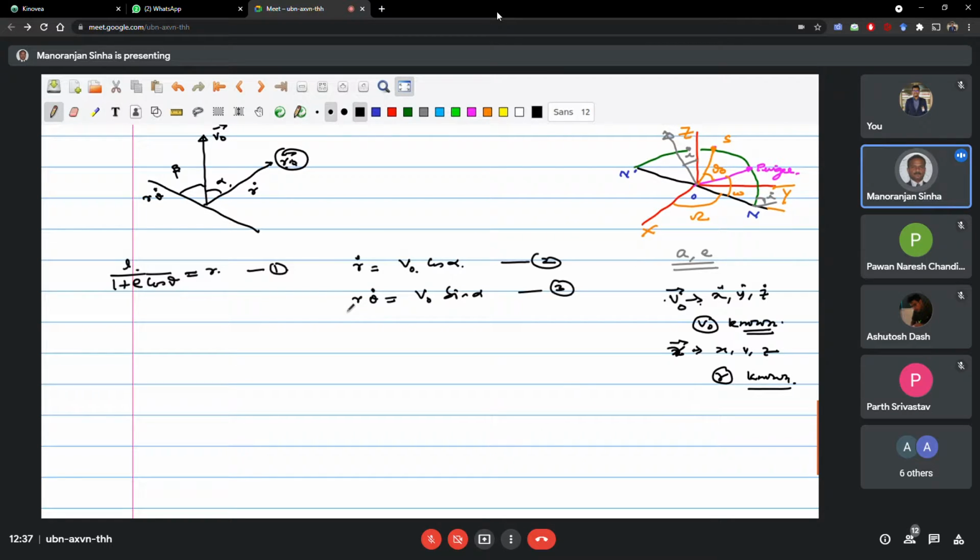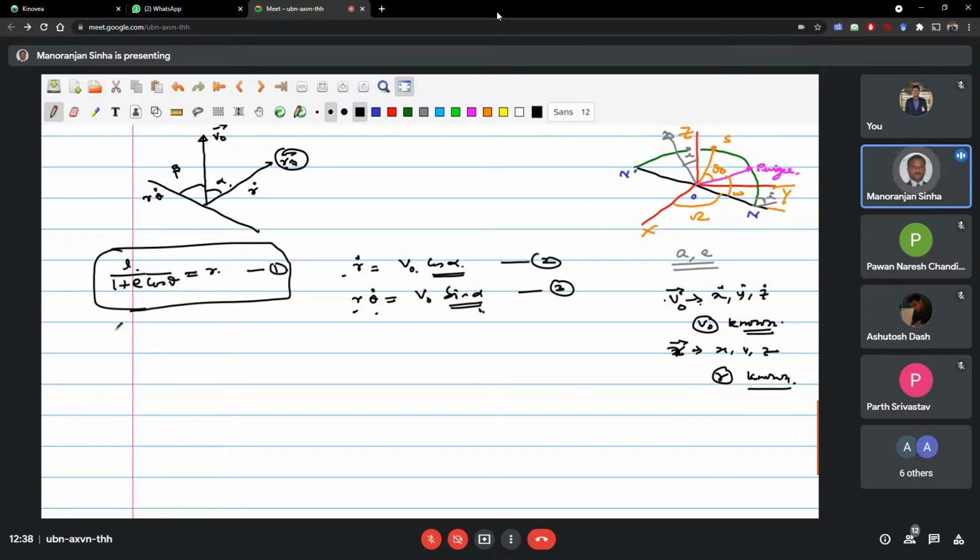So here in this place, this R dot, R theta dot, all this can be computed. Now here the cos alpha, first of all we will have to determine what is the value of the cos alpha. Given this V0 we know, and this basic expression which is known to us. So using this information we have to work out.